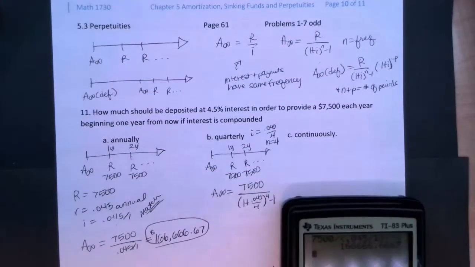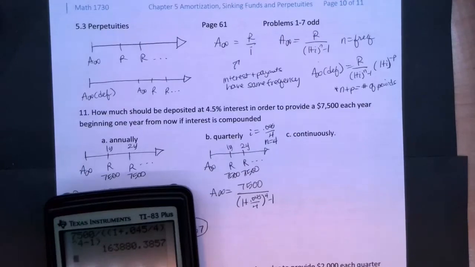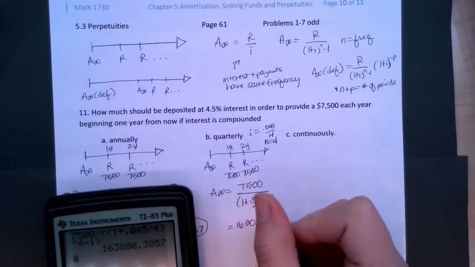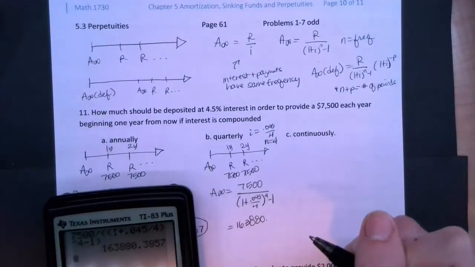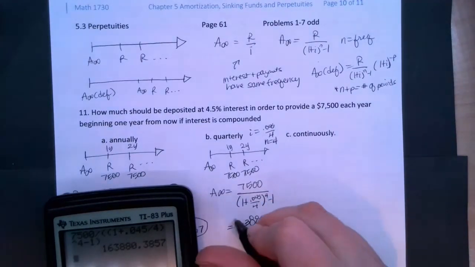That whole thing is in the denominator, so we need 2 sets of parentheses to start, and then again, end your parentheses. This time we don't have to deposit as much because that money is doing the work for us. So we get $163,880.39, rounding to the nearest penny.